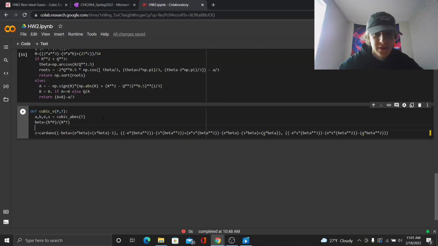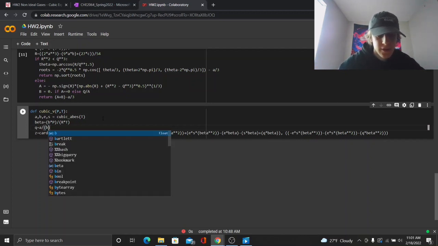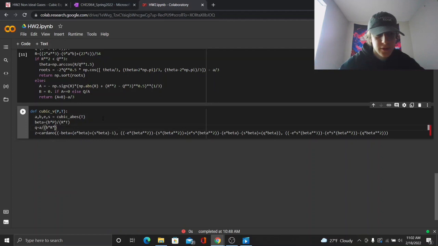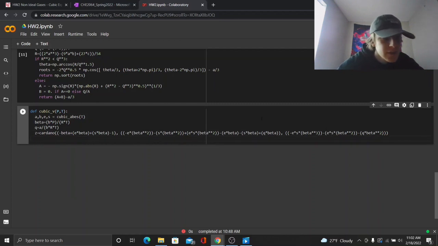And then we also need to find Q from before, which we defined as A over B times R times the temperature.